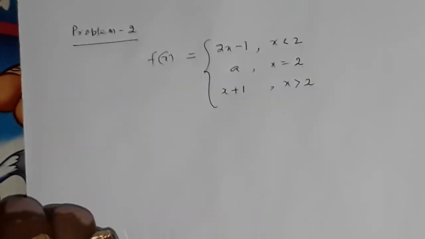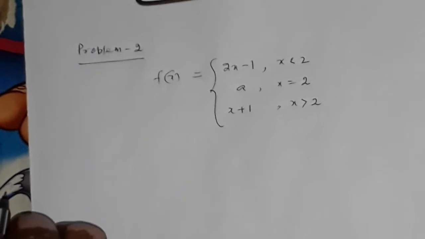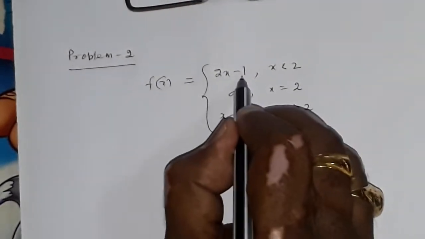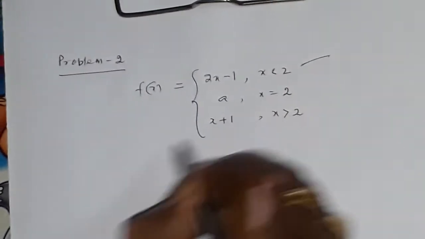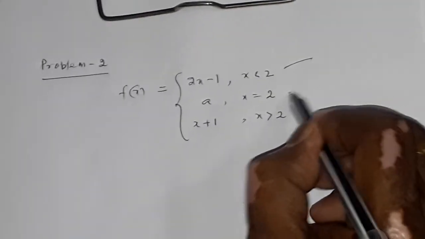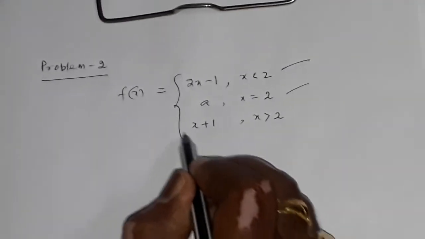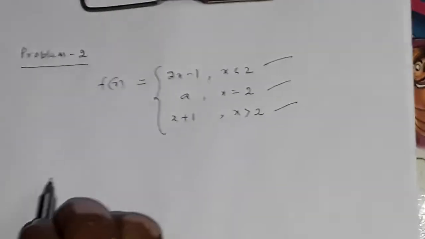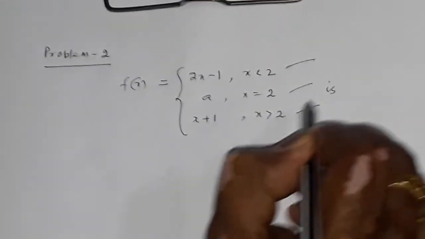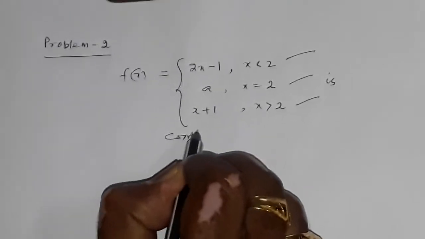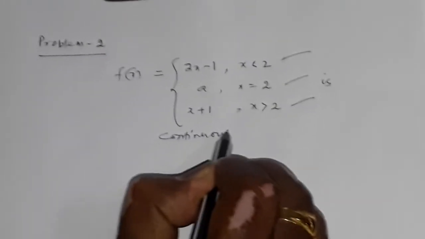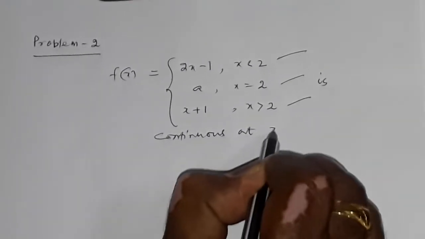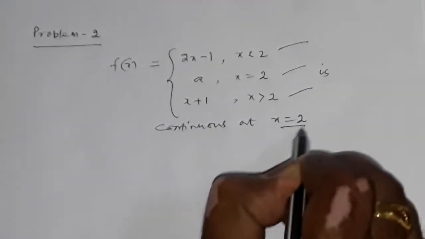Determine the values of a for which this f(x) is continuous at x equals 2.